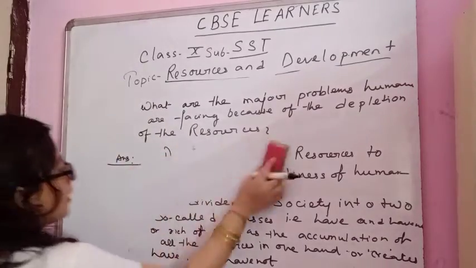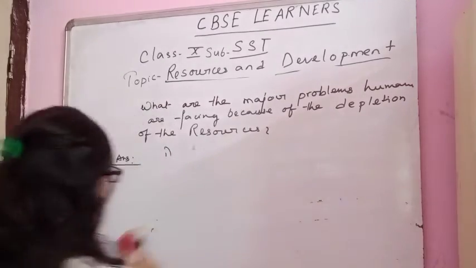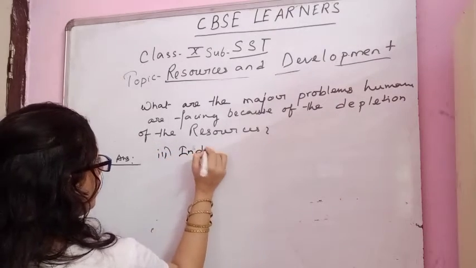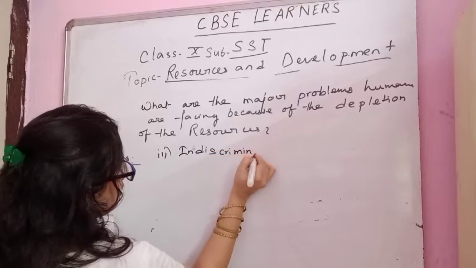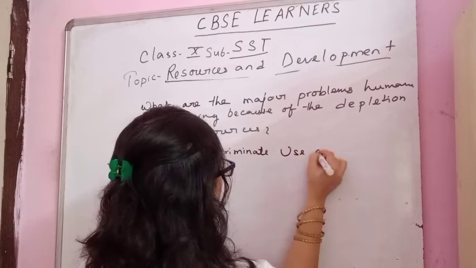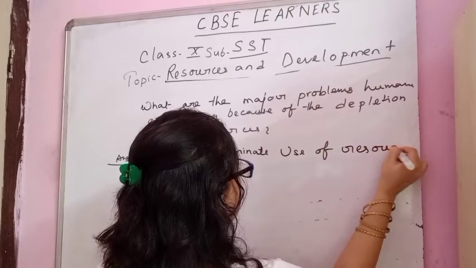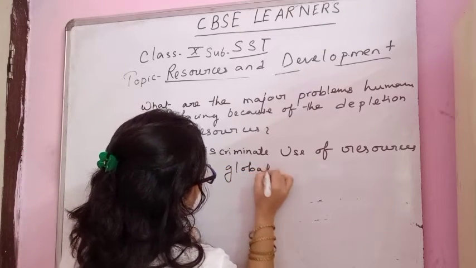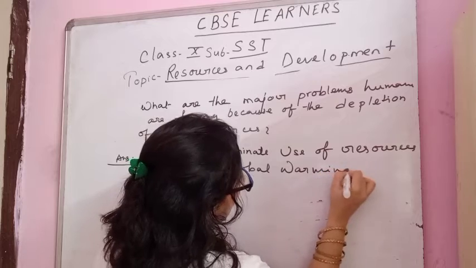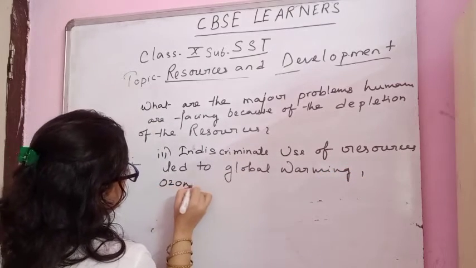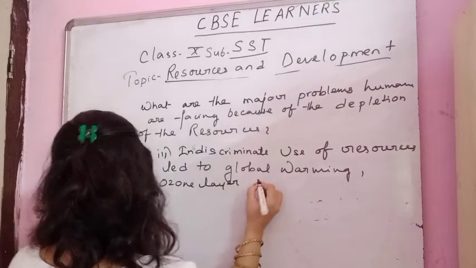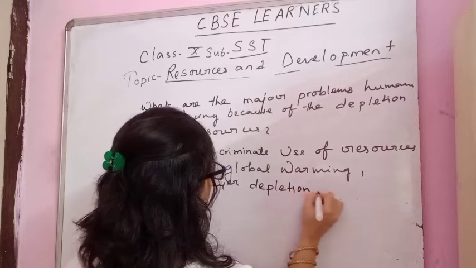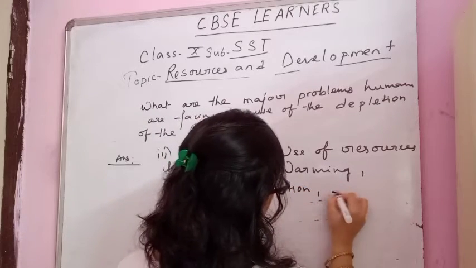So the third one is that indiscriminate use of resources led to global warming, ozone layer depletion, environmental pollution and land degradation.